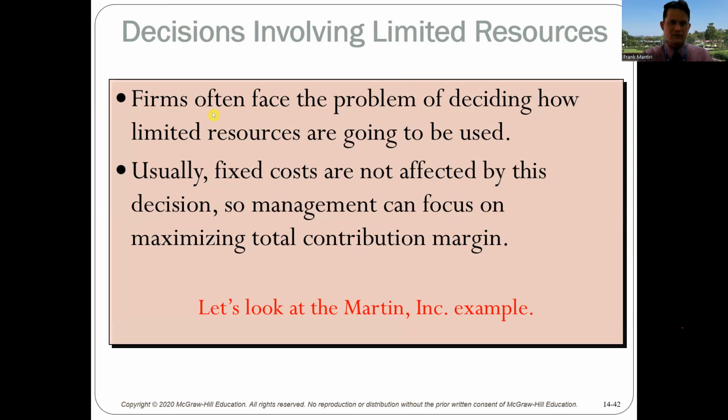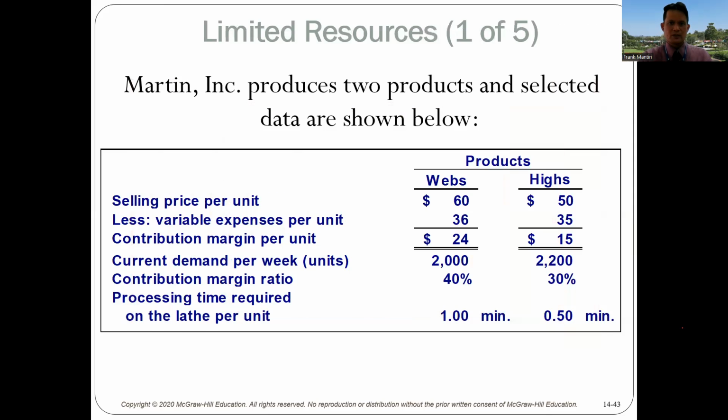So firms often face the problem of deciding how limited resources are going to be used if you have only limited resources. Now, usually fixed costs are not affected by this decision. So management can focus on maximizing total contribution margin. Now, the example here is talking about Martin Incorporation. Martin Incorporation has two products that they're going to sell. The data is shown here, webs and highs.